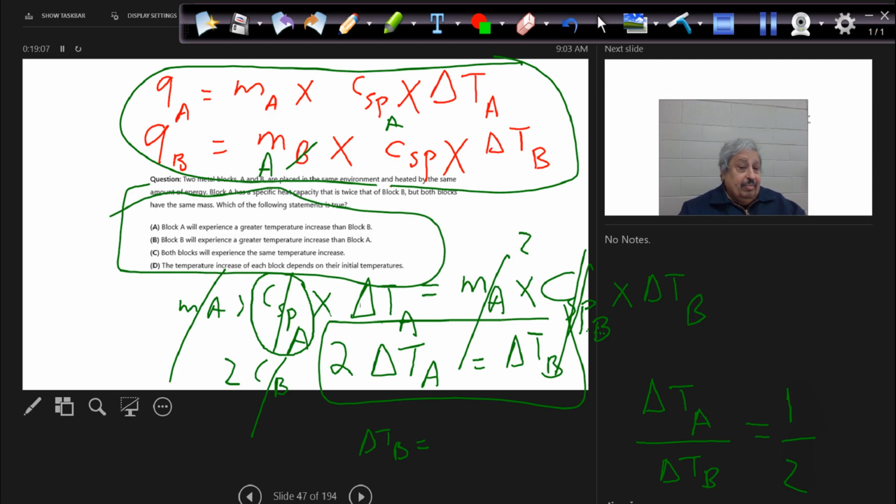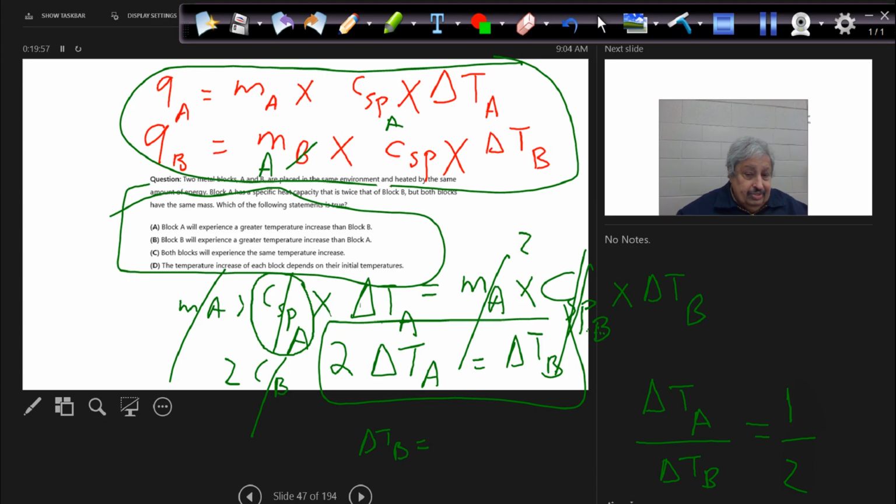It's asking about delta T. Which one? Specific heat of A is twice that of B. So the block A will experience greater, it looks like, because it's twice, correct?